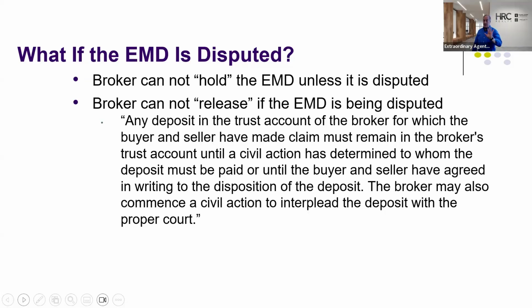Well, here's the key. This is what we need to understand. The brokerage cannot hold any EMD unless there is a dispute, in which case the broker cannot release the earnest money because there is a dispute. So we can't hold it just because, but we can't release it if.